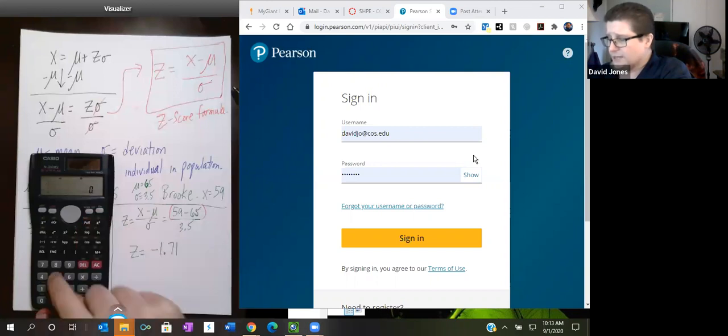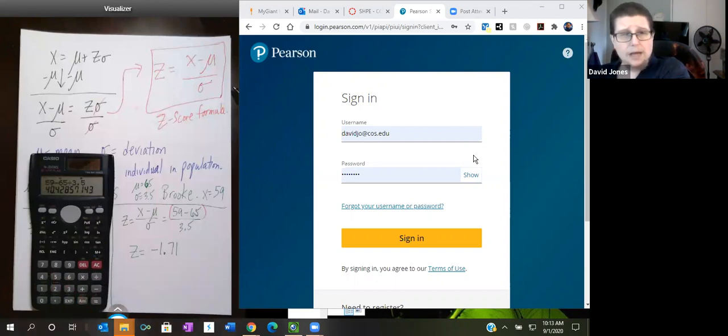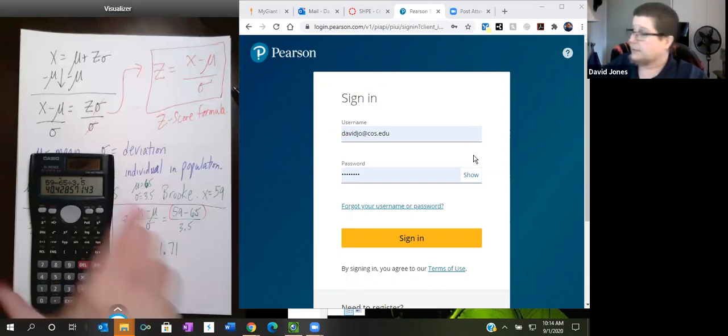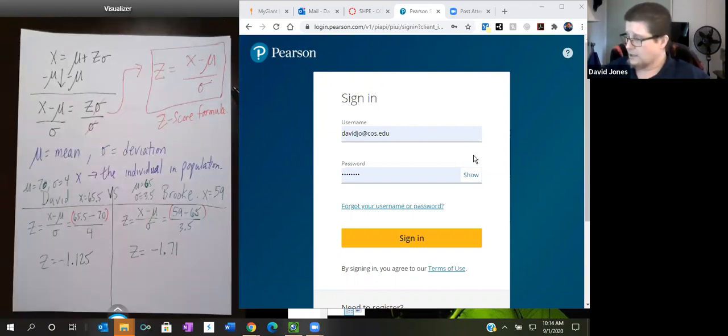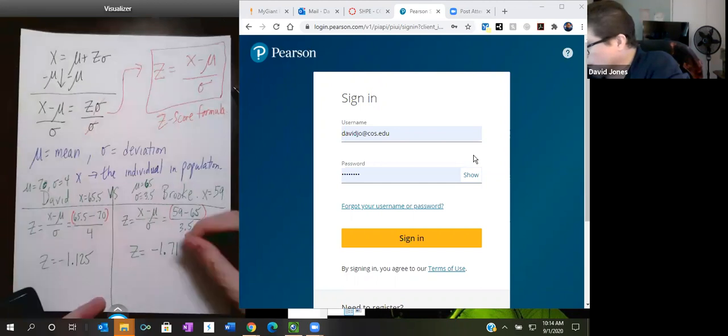If I just say 59 minus 65 divided by 3.5, I get 40.42, 43 if I round. If you don't use the parentheses, it's only going to divide the 65 by 3.5, not the 59. So use parentheses or calculate the top separately, okay? And I did 3 decimal places on the other one, I might as well do 3 decimal places on hers, negative 1.714.